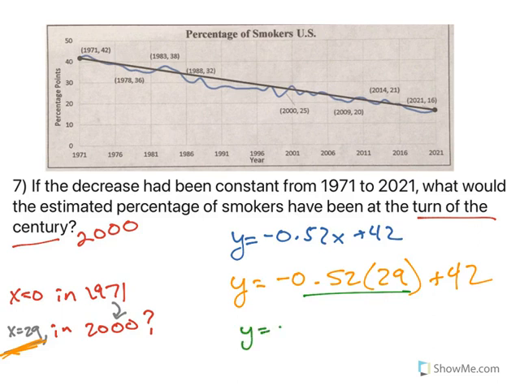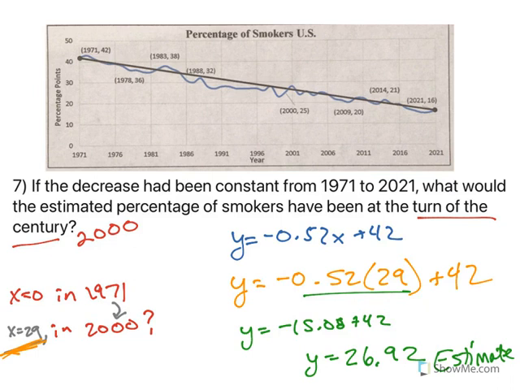So Y equals negative 15.08 plus 42. So our estimate is 26.92. Let me write that down: estimate. Because remember, we're talking about the year 2000, which is right here. So our estimate is 26.92.